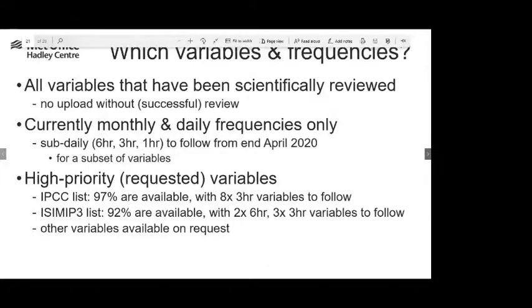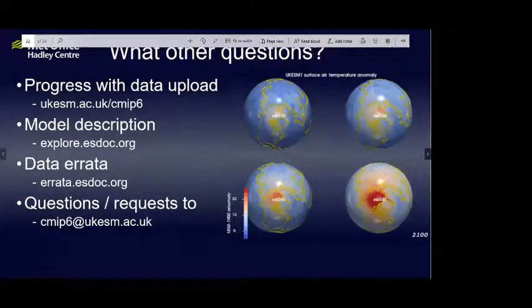Finally, you can access more details about this from our website, which gives progress on the way in which we've been uploading our data. There are full details in the ESDoc system for the model description, and also full details in the ESDoc system for data errata.